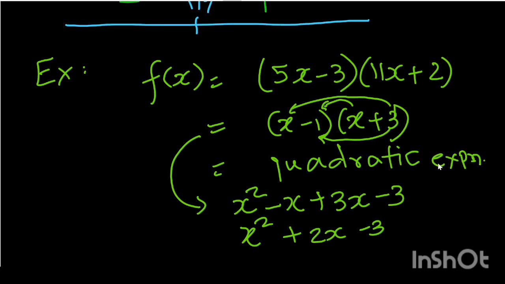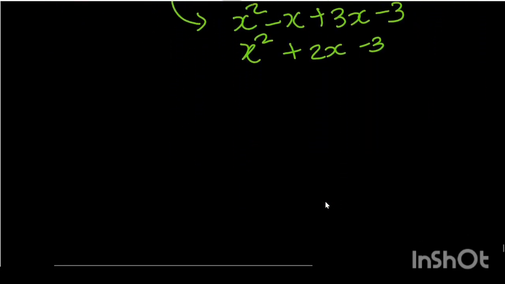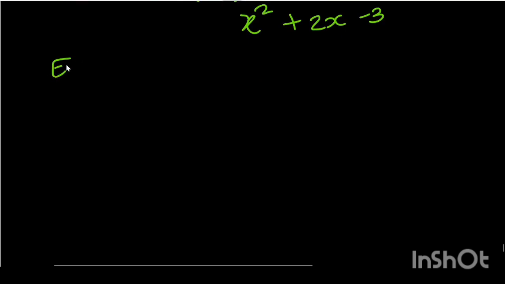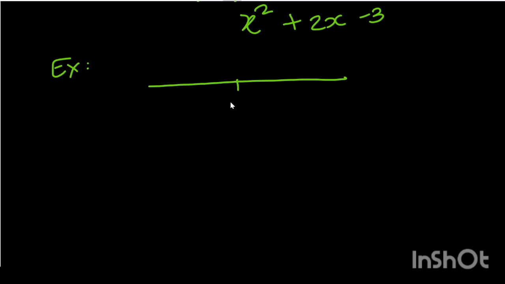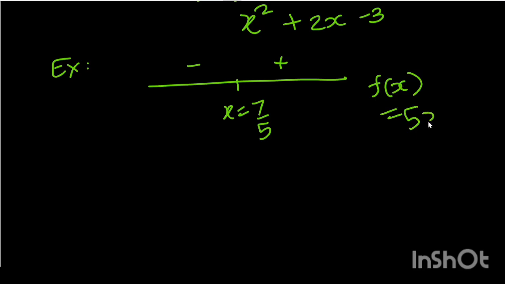Now what we are interested in again is the sign of this. One more thing I wanted to discuss about a linear factor before moving on to the quadratic one. For example, if this is x equals 7 by 5, and this is plus, this is minus, and fx is 5x minus 7.